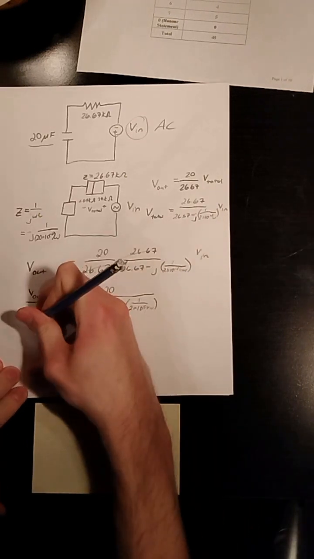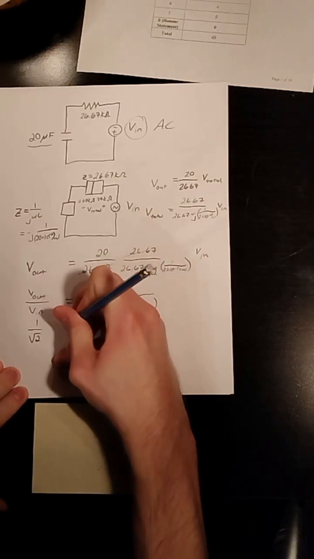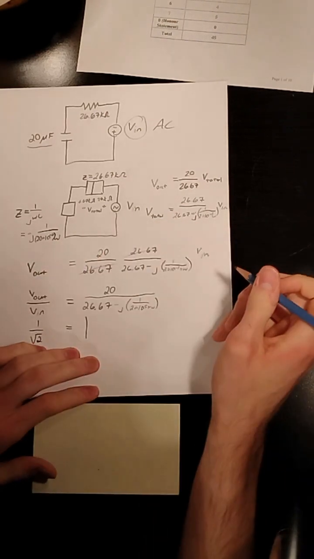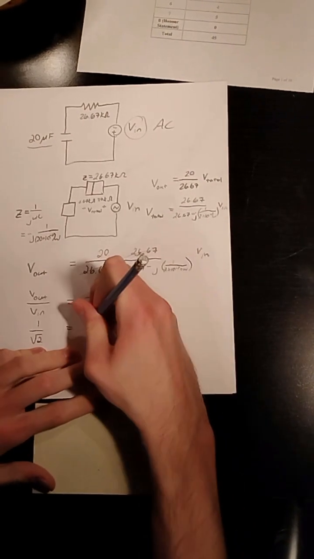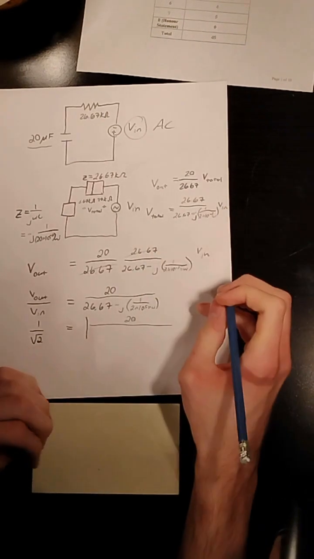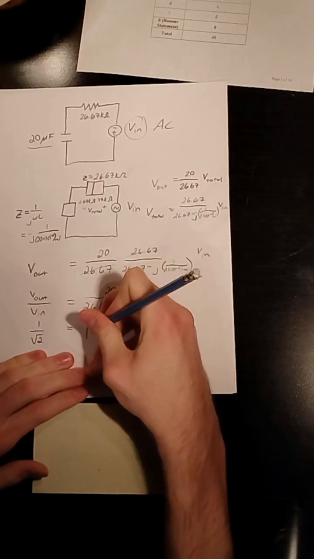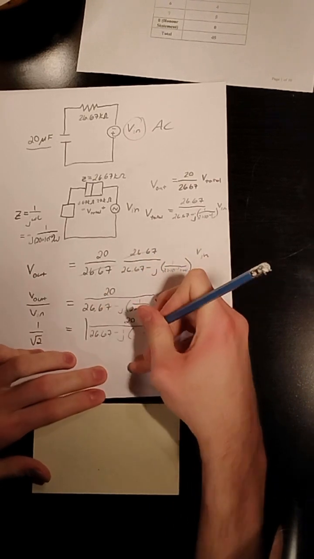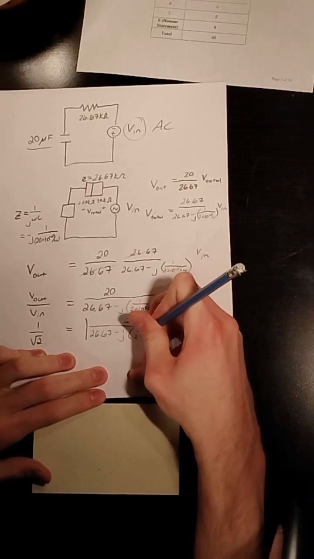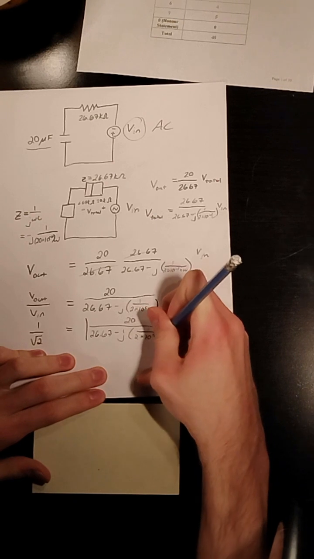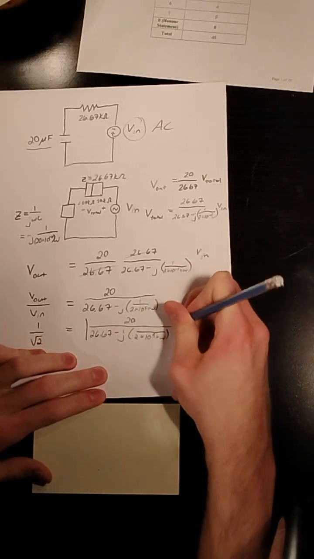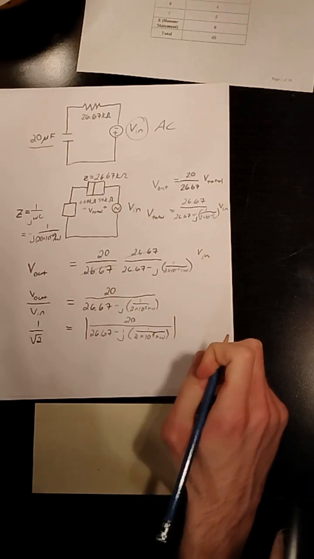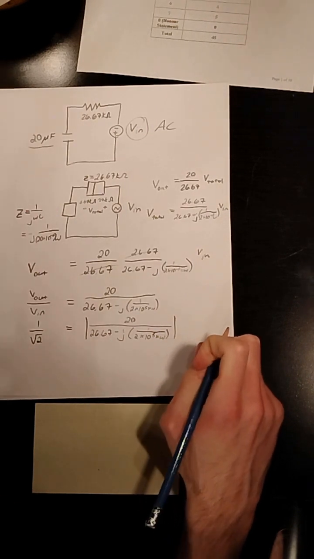So this should just be 1 over root 2, and when I say 1 over root 2, I mean the magnitude of V out over V in. They're going to be a bit out of phase, but we want their magnitudes to be 1 over root 2. Now, all we need to do is solve for omega, which admittedly is a little bit harder than I just made that sound.